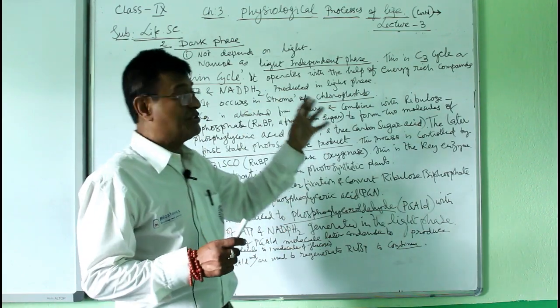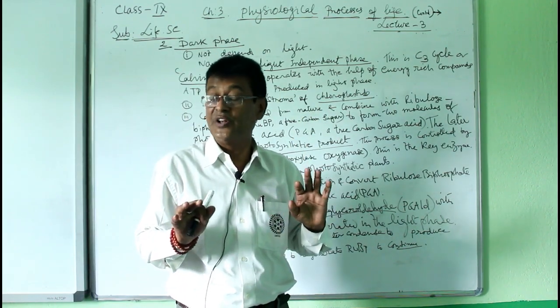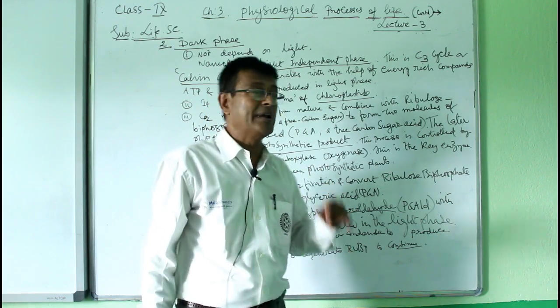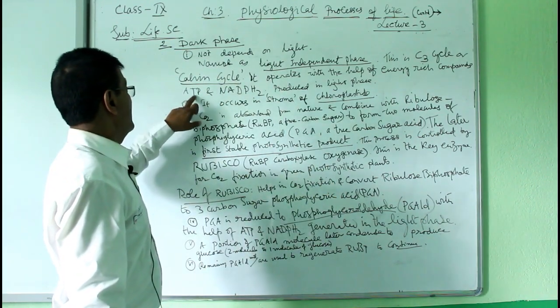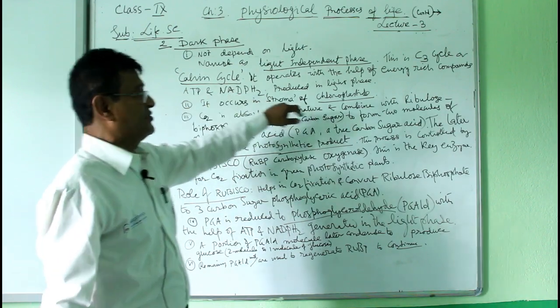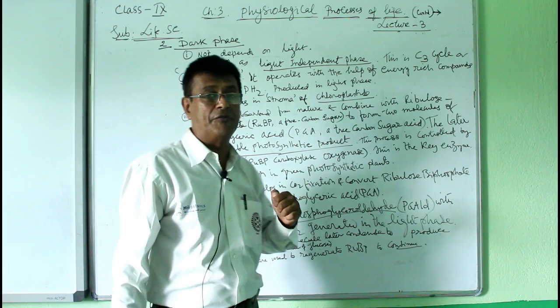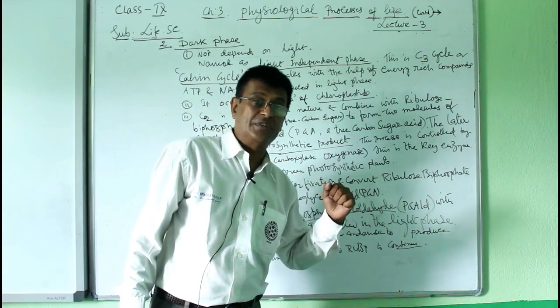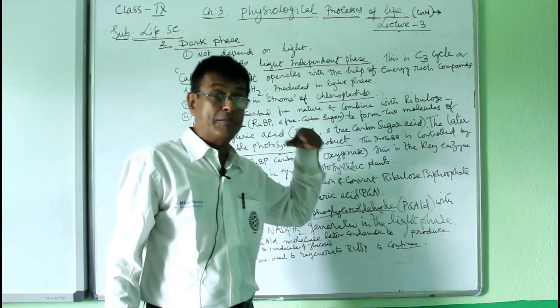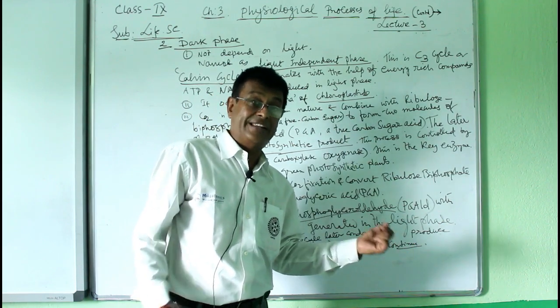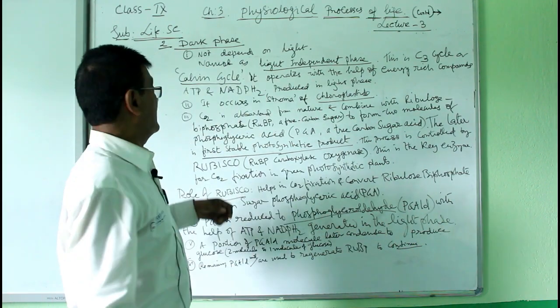If these two are not present, the dark phase will not be able to complete. It occurs in the stroma of the chloroplast. The picture of the stroma has been drawn on the blackboard a little while ago, what you have seen. There it is taking place.